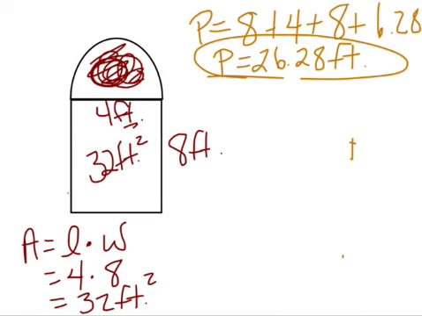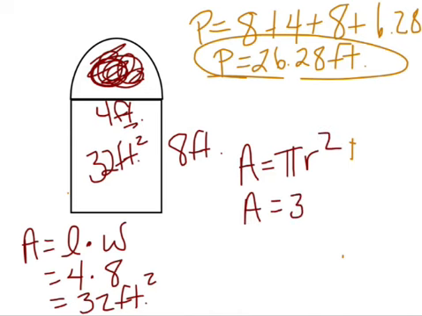So I can find the area of the whole circle and divide it by 2. Remember, the area of the circle is pi times the radius squared. So area is equal to 3.14 times, what is this going to be, the diameter or the radius? If it goes all the way across, it is the diameter.